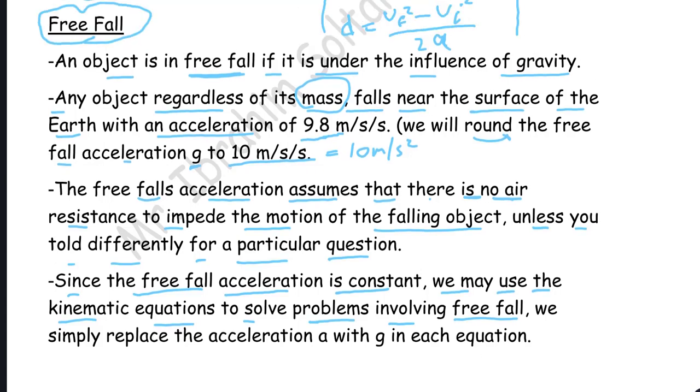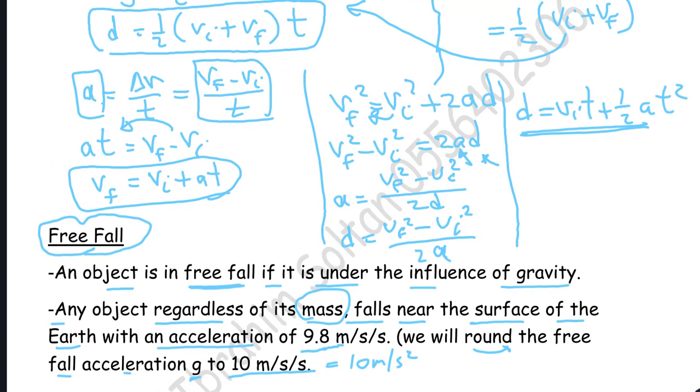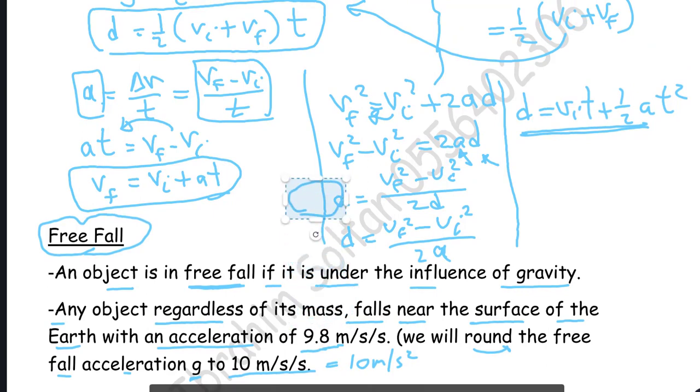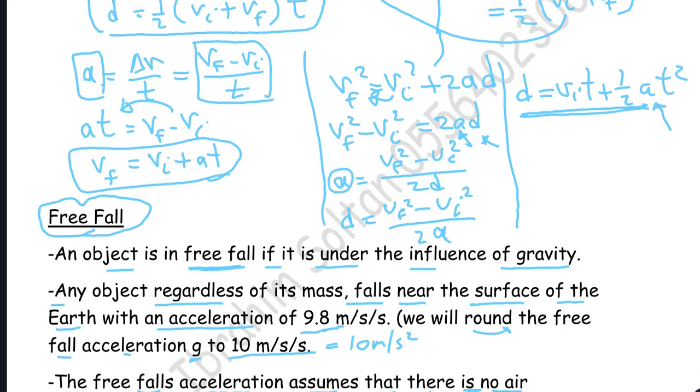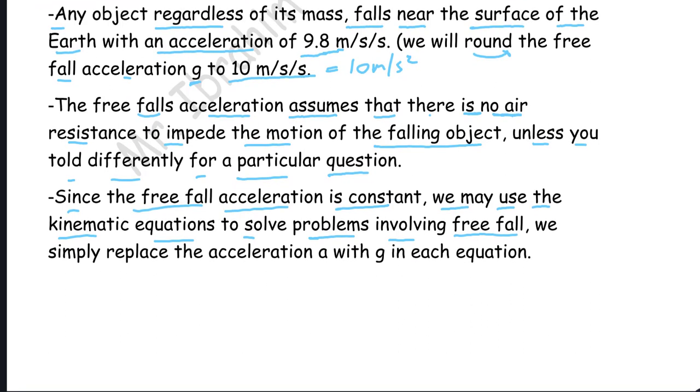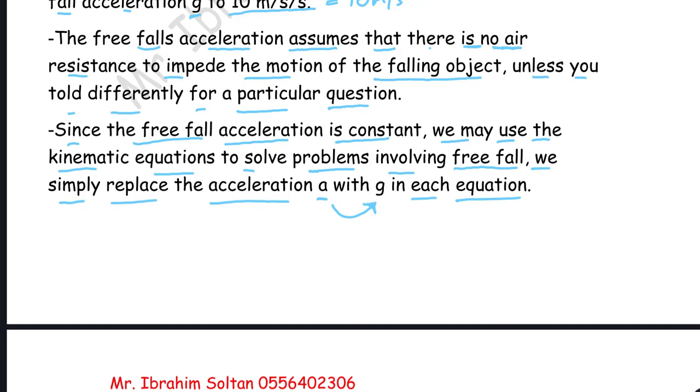The same motion equations, but instead of the letter a, we will use the letter g, 9.8. So we simply replace the acceleration a with g in each equation. V final equals V initial plus gt instead of at.